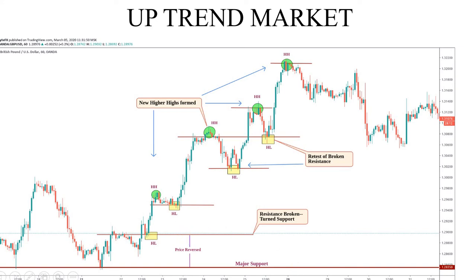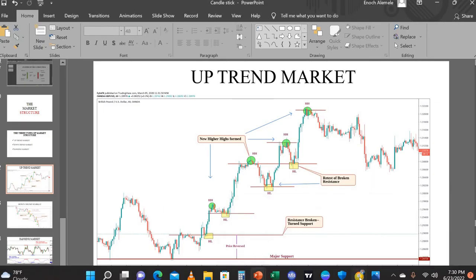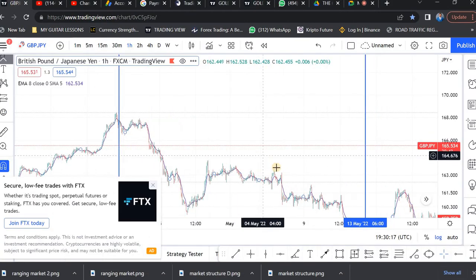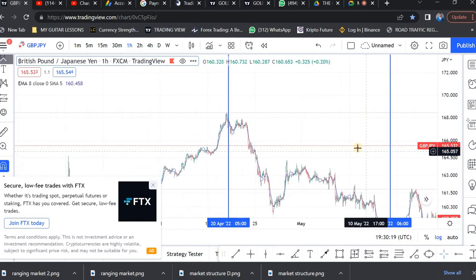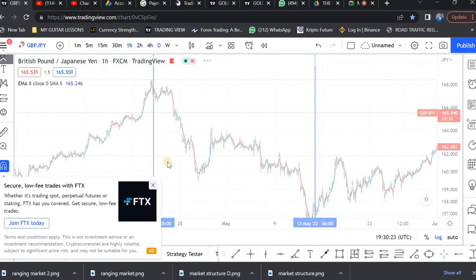I want to quickly open the charts once again and show you how to trade this type of market. Let me switch to the daily time frame.